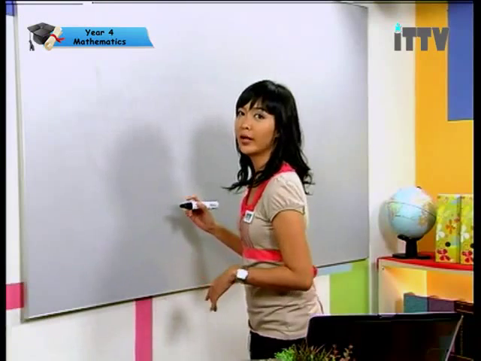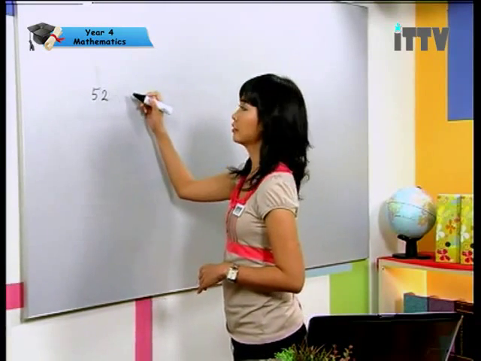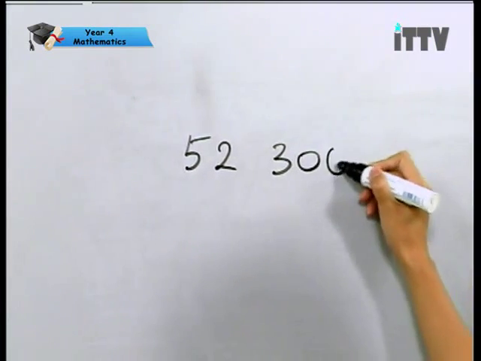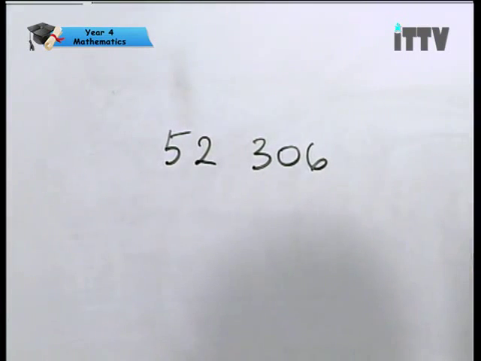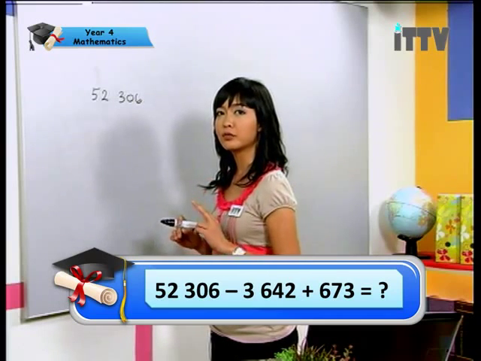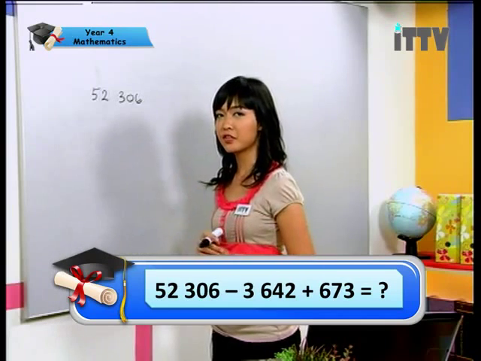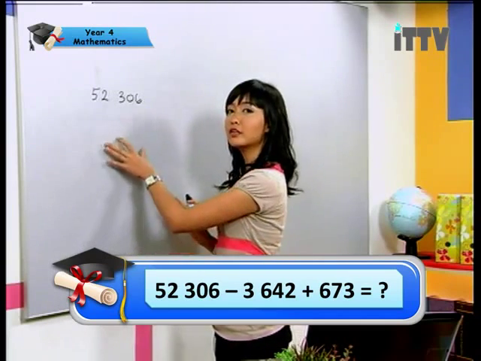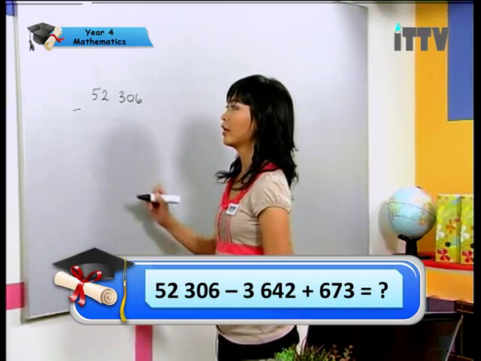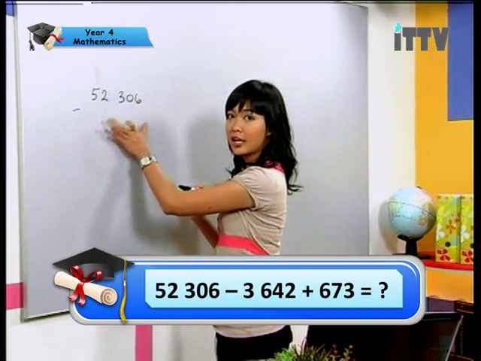Okay, from the question we have 52,306, and then minus 3,642. Let's stop there and solve that part first before we add the third number. Now, in vertical form, I'll put the minus sign there and then the second number over here.